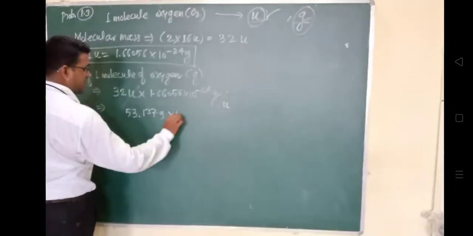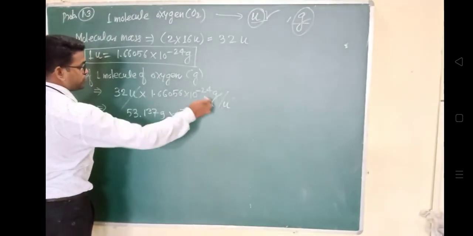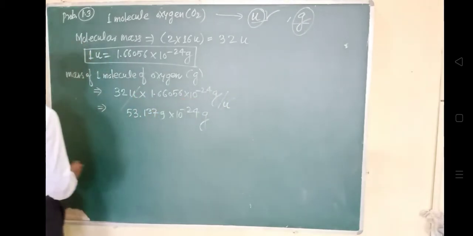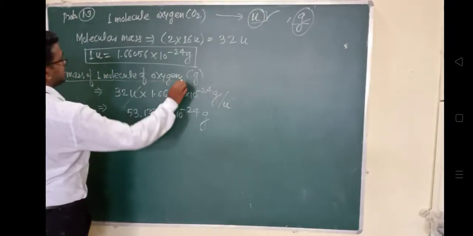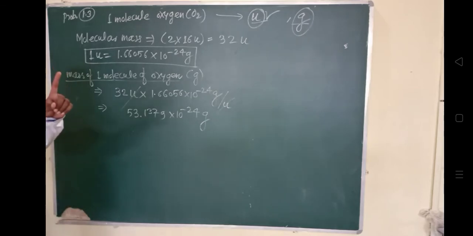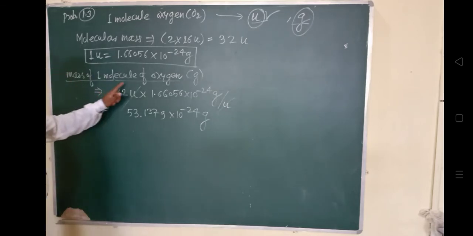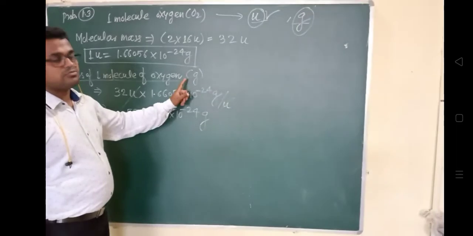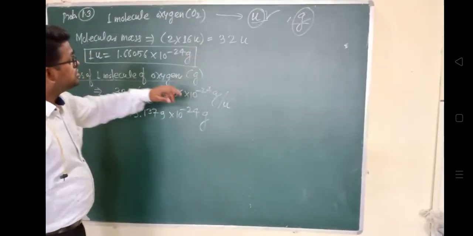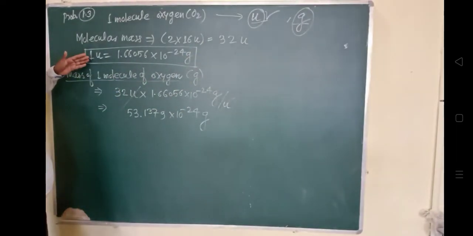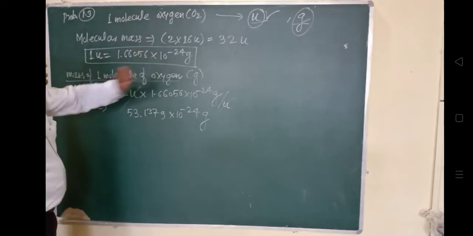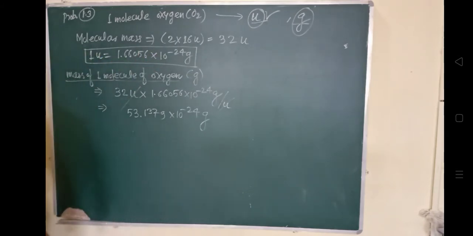The unit will be in terms of gram, because we wanted to find the mass of one molecule of oxygen in terms of gram. It can be found by multiplying by this relationship, that one unified mass is equal to this many grams.